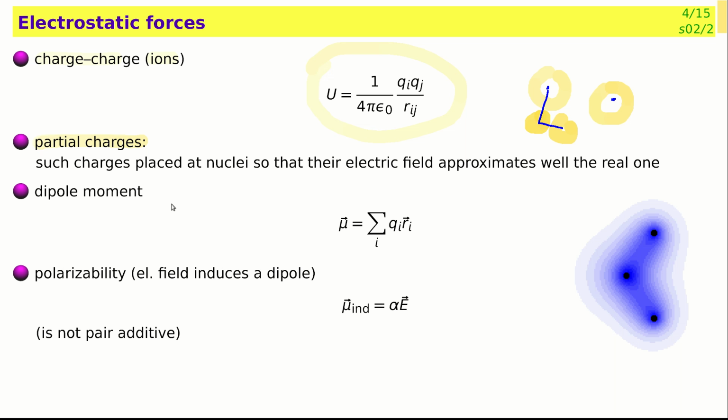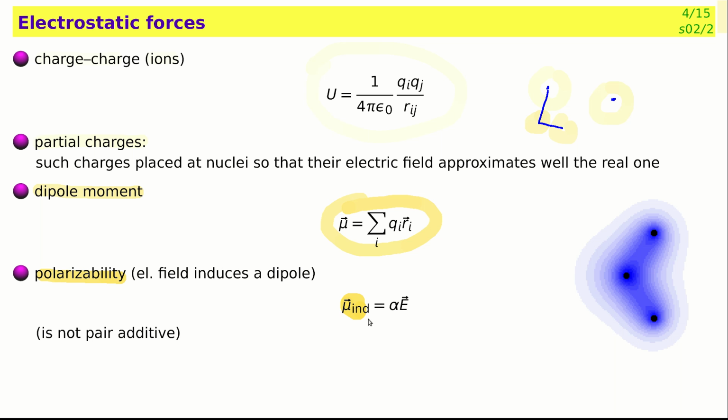We can also consider in the construction of force fields a dipole moment, you know from physics its definition, and also other types of forces which are not pair additive, like polarizability. It means that under an electric field, a dipole moment is induced.